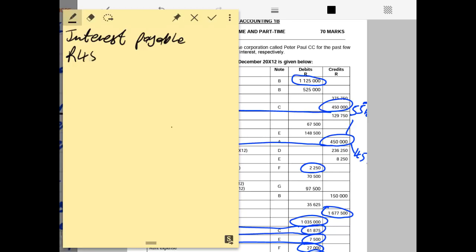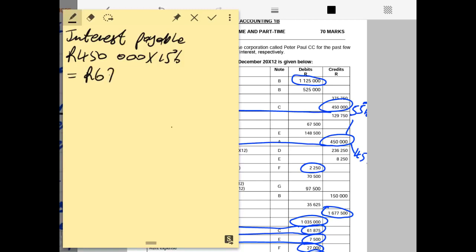450,000 rands times by 15%. And if we say 450,000 rands times by 15%, that should give us 67,500 rands.